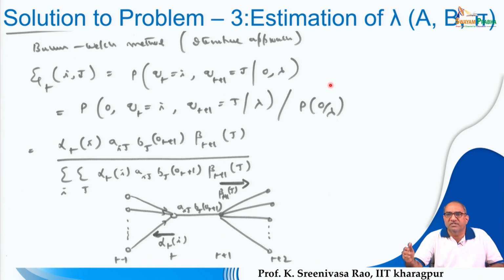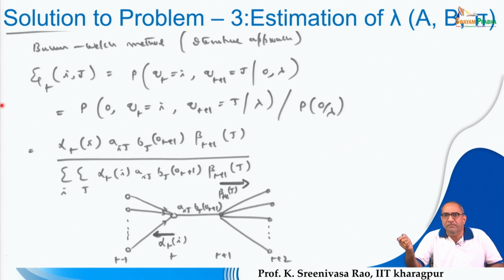That means, given the observation sequence O1, O2, O3, up to O capital T, we need to find the probability of the system being at t and t plus 1 in the pair of states i and j. Whereas gamma t of i is the system being in state i at time instant t.